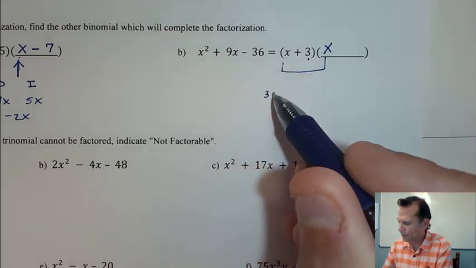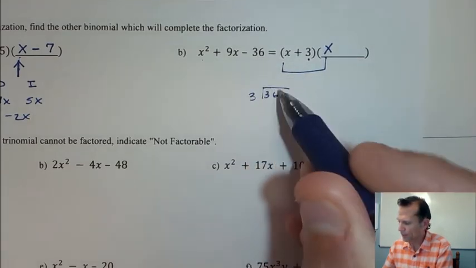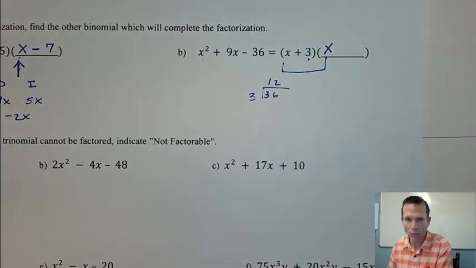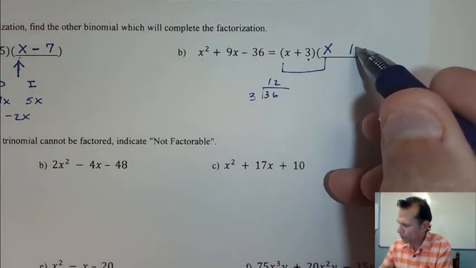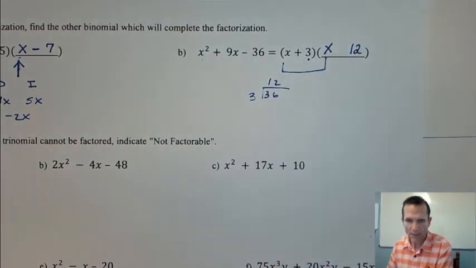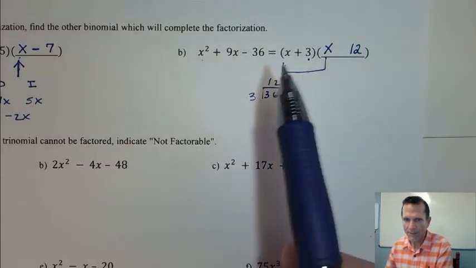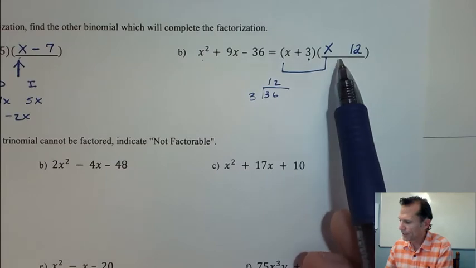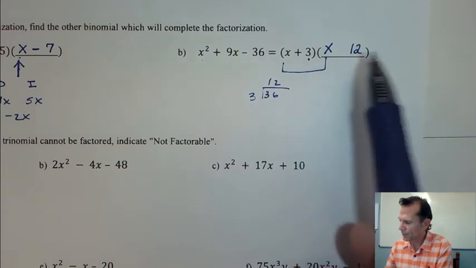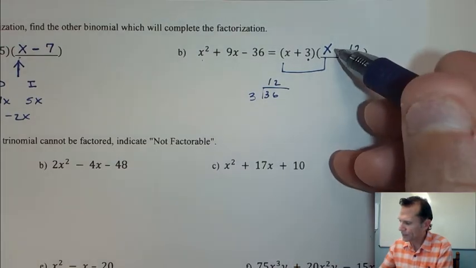If we don't know, we could do a little division problem, and we find out that it's 12. So we'll put a 12 here, and then we need to decide about the sign. If you take a look here, this is going to be a negative sign.